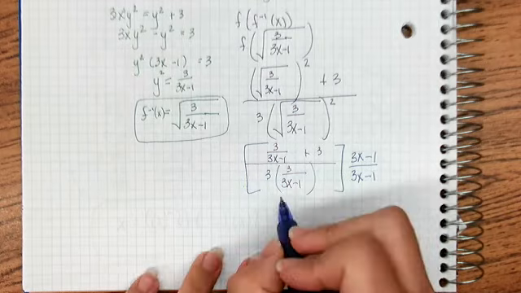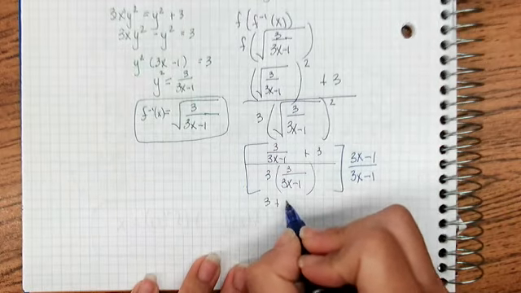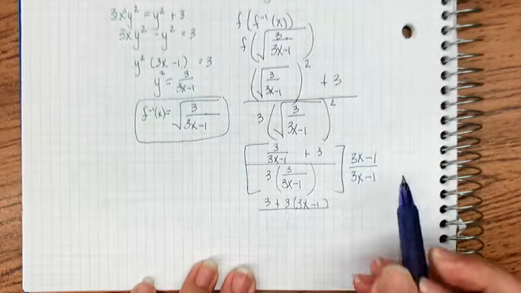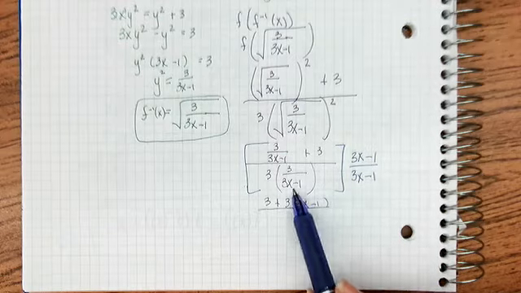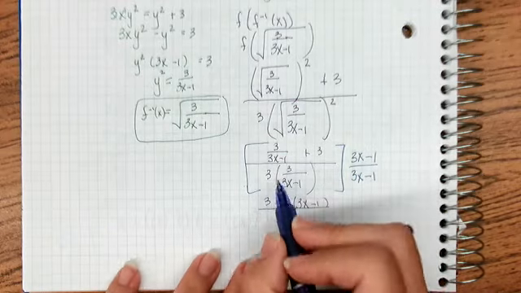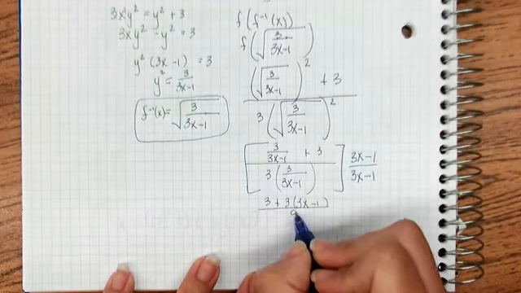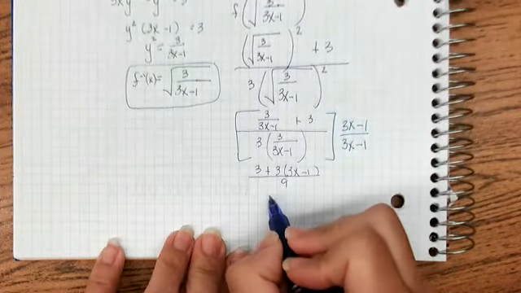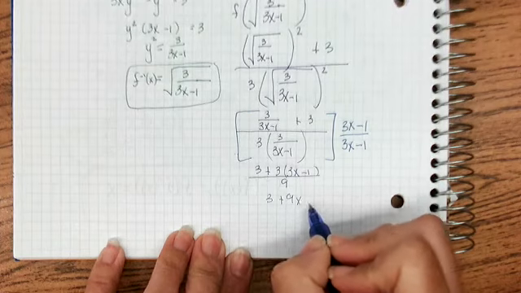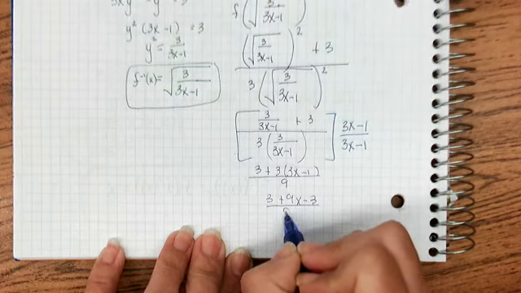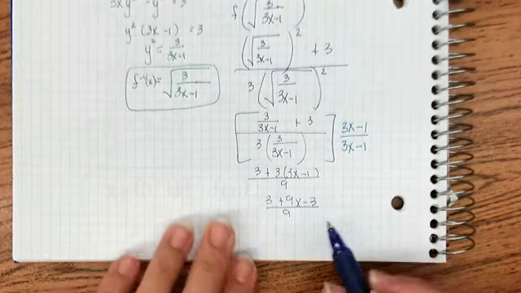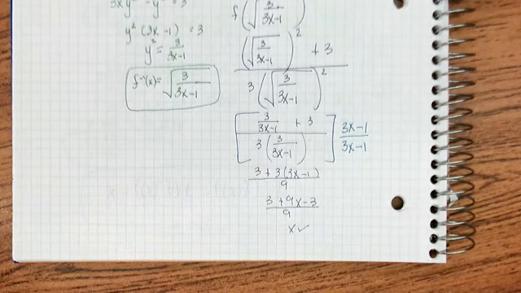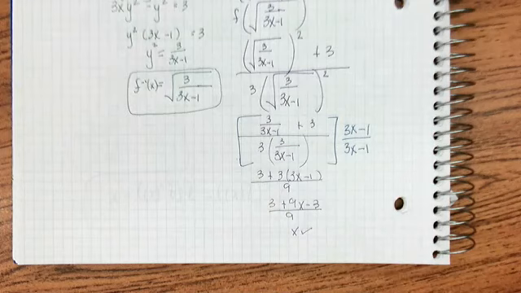The 3x minus 1s reduce out, and you get 3 plus 3 times 3x minus 1 over 3x minus 1s reduce out, and you're left with 3 times 3, this 3 out here, and then the numerator, which is 9. 3 plus 9x minus 3 over 9. 3 minus 3 is 0. 9x over 9 is x. Got to know your complex fractions. So we did indeed find the inverse correctly.